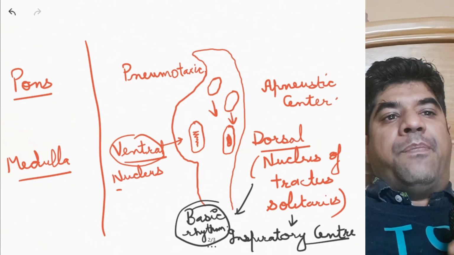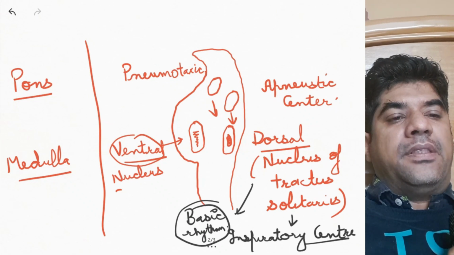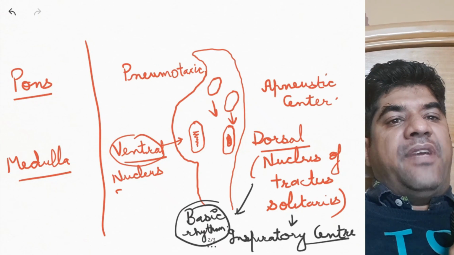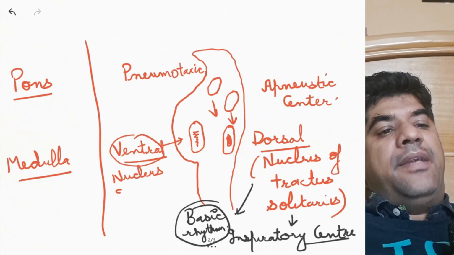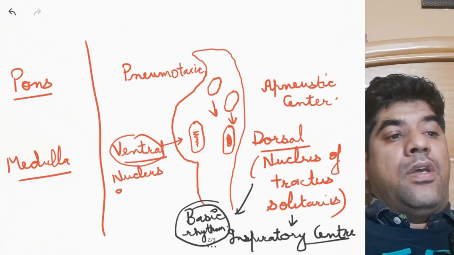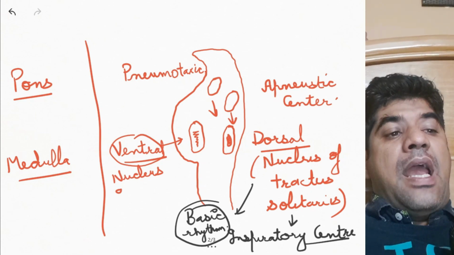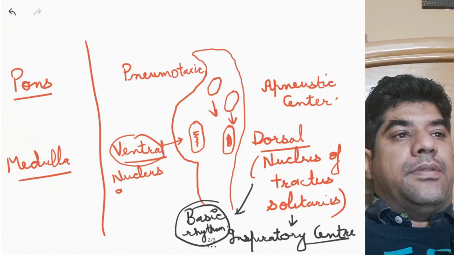What is the role of the pontine centers? The pontine centers regulate the medullary centers. The apneustic center accelerates the activity of the dorsal group of neurons, and stimulation of this center causes prolonged inspiration, whereas the pneumotaxic center inhibits the apneustic center and restricts the duration of inspiration.